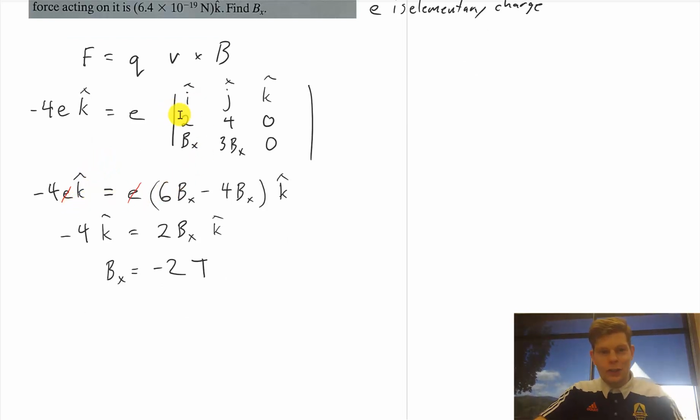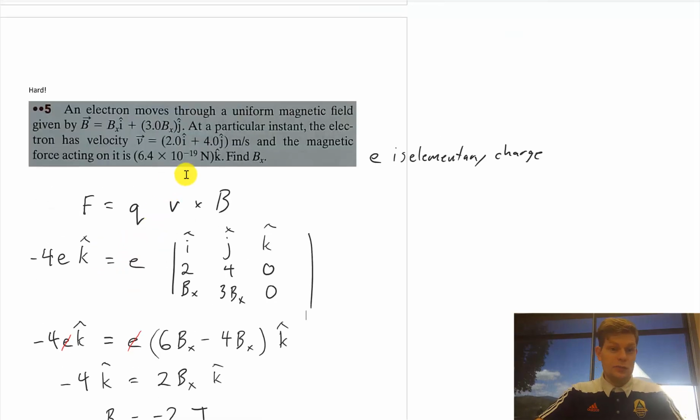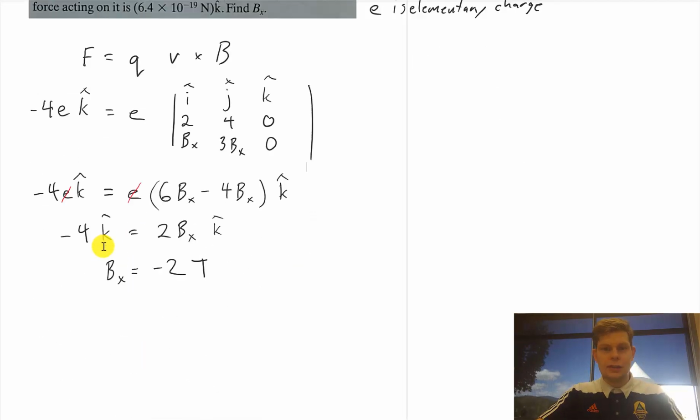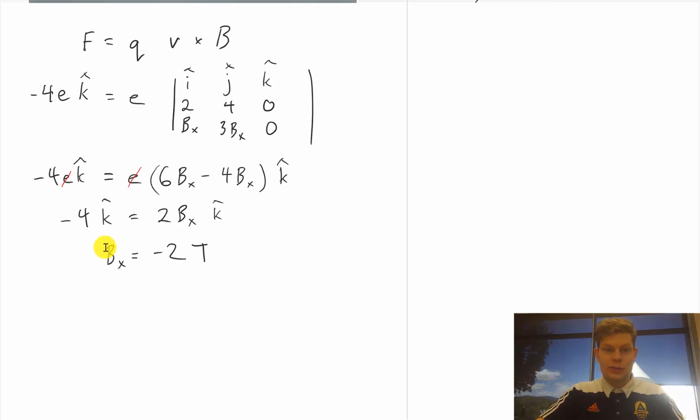Anyway, you calculate it out. You got 6B from this guy minus 4B here, which is just 2B, all in the k direction, equaling negative 4k. And so if you just solve, you get negative 2 Teslas is Bx, negative 2 Teslas.